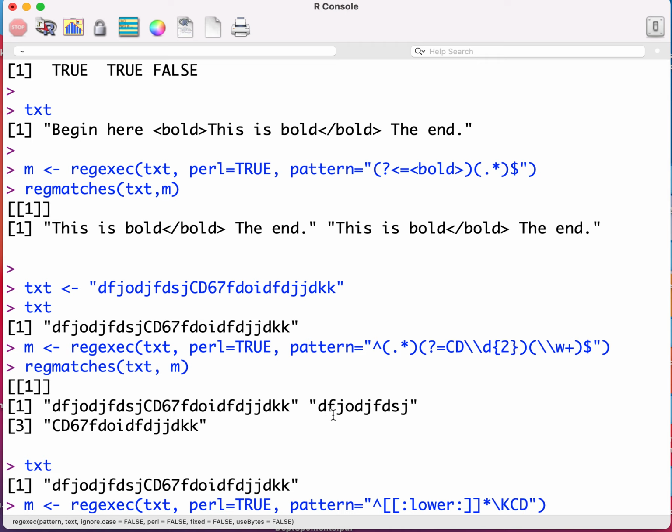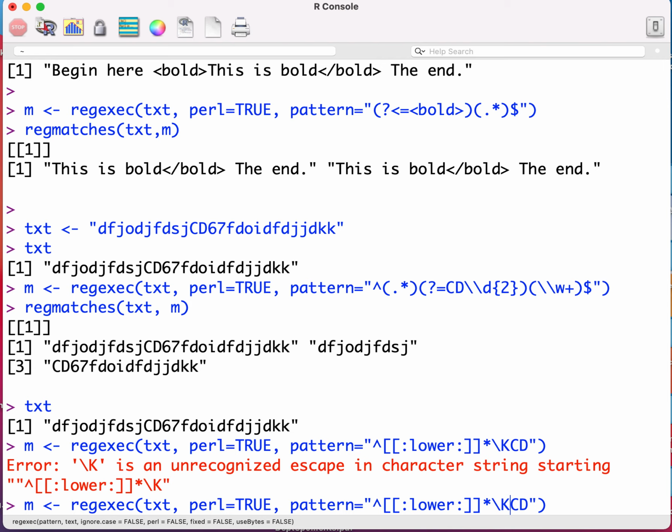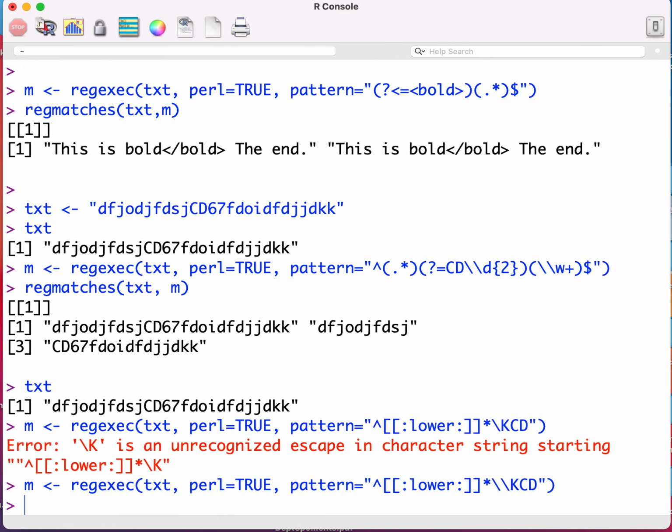All right. So what does that do? It's going to read through here, and it's going to throw everything out, boom, of my string up to the CD. So let's look. Oh, I always forget that. You have to double backslash in the R strings.